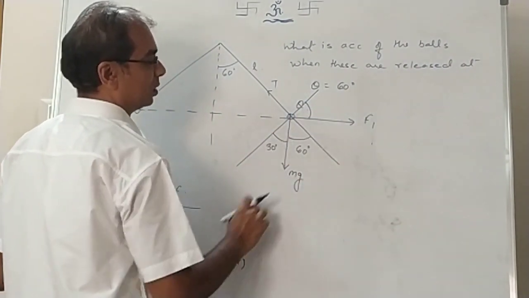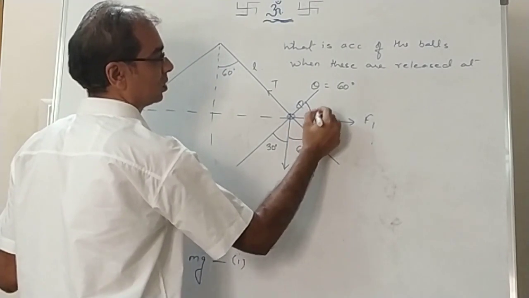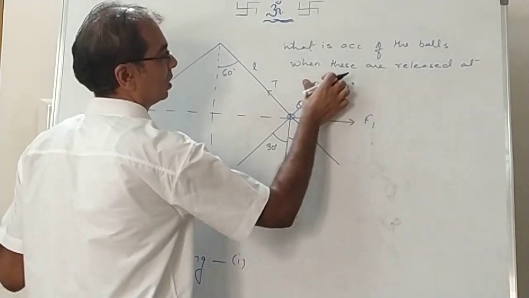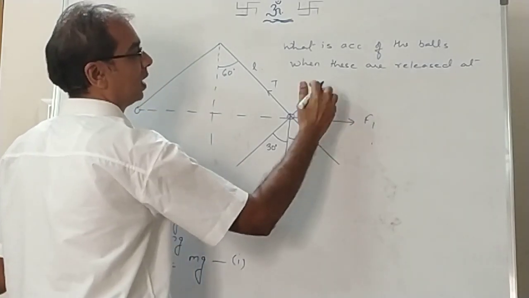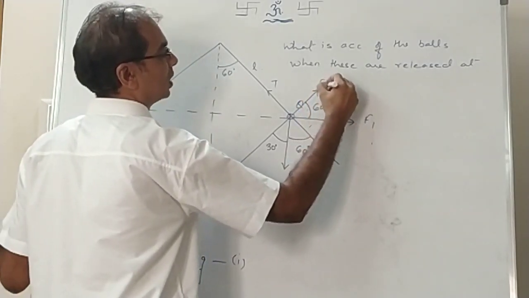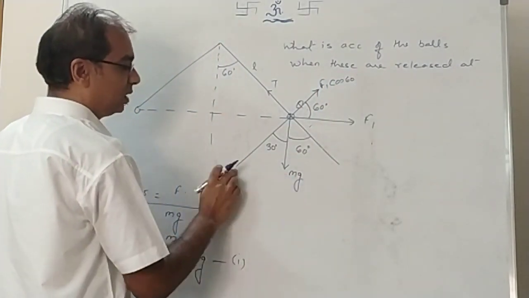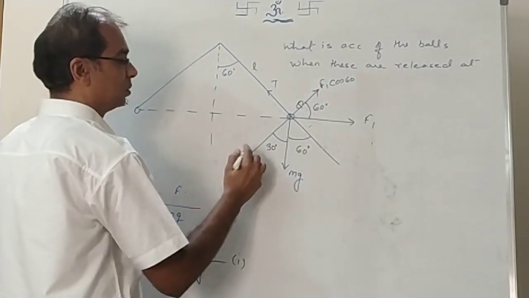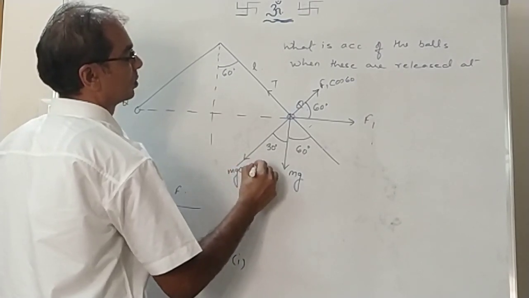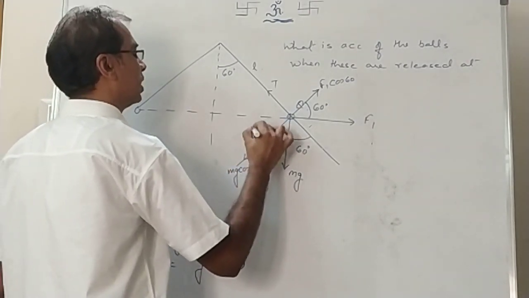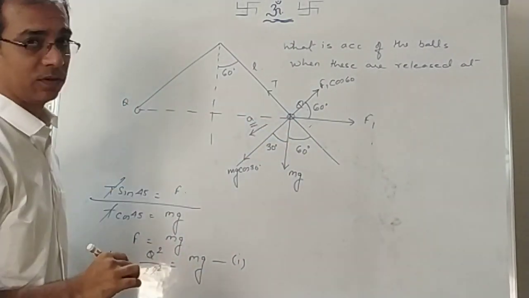This is 60, obviously this is 30 degrees, so this is also 60 degrees. The component of F1 in this direction is F1 cos 60, and the component of mg in this direction is mg cos 30. Acceleration will be in this direction only.